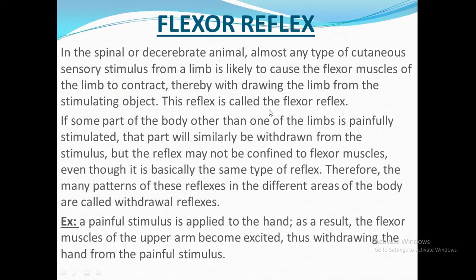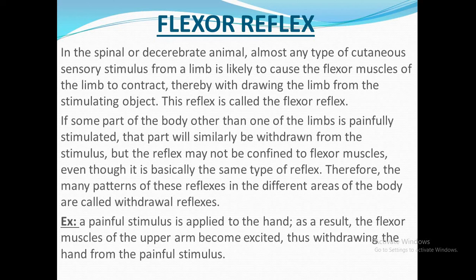Now the flexor reflex. In the spinal or decerebrate animal, almost any type of cutaneous sensory stimulus from a limb is likely to cause the flexor muscles of the limb to contract, thereby withdrawing the limb from the stimulating object. This reflex is called the flexor reflex. If some part of the body other than one of the limbs is painfully stimulated, that part will similarly be withdrawn from the stimulus, but the reflex may not be confined to flexor muscles, even though it's basically the same type of reflex.